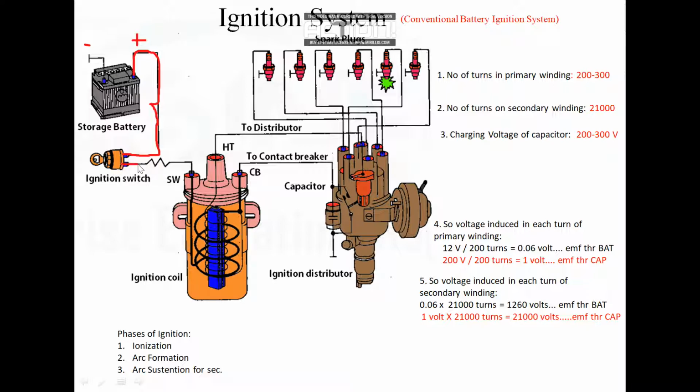The purpose of the ballast resistor is to prevent excessive flow of current inside the ignition coil, the further subsystem.